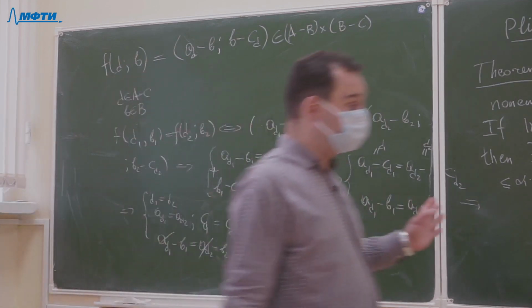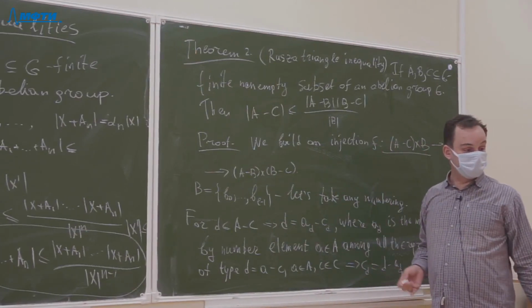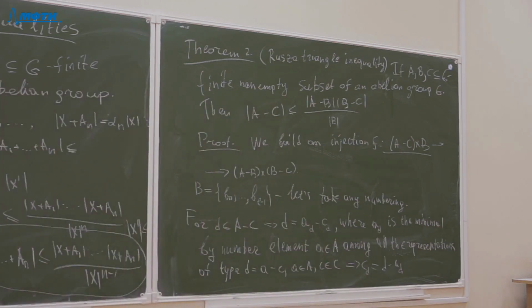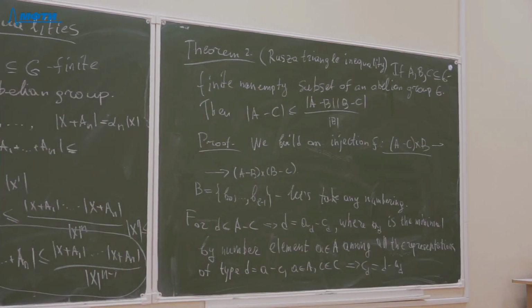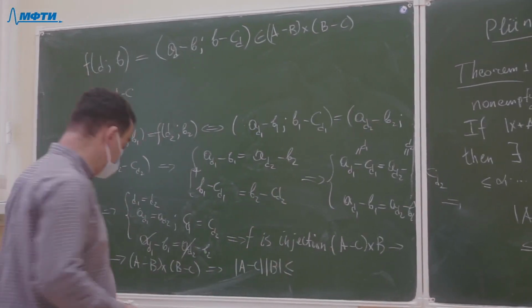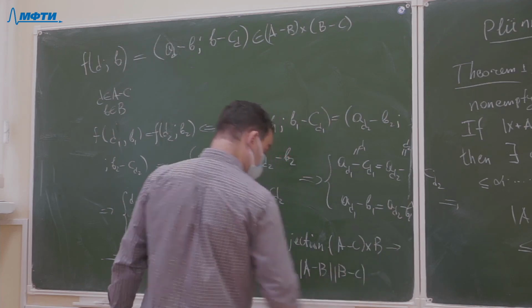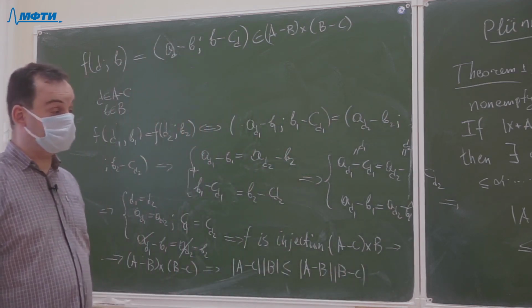Since there is an injection between this set and this set, the size of A minus C times B is smaller or equal to the size of A minus B times B minus C. Well, this is the Ruzsa triangle inequality.